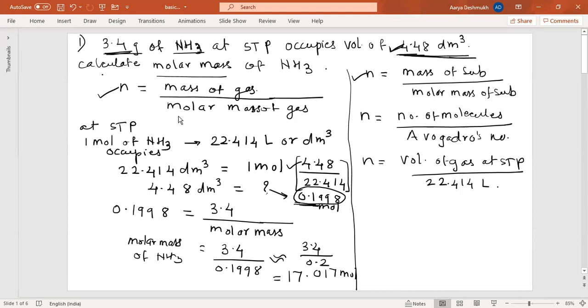So to know the number of moles, we used this volume, 4.48. And once we got the number of moles, we used this equation and calculated the molar mass of the gas.